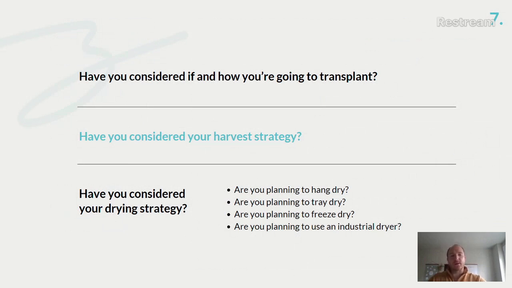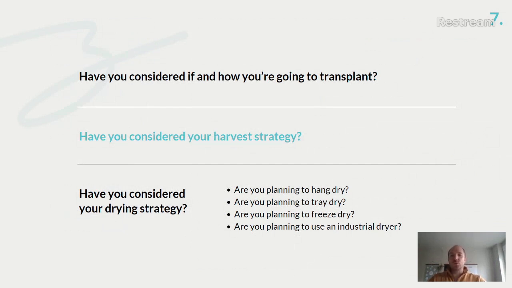It'll also affect your downstream processes, like your drying strategy, your trimming, and so on, because you're only taking biomass from half the room. So just understand that this specific decision will have very large ramifications, so just plan accordingly.